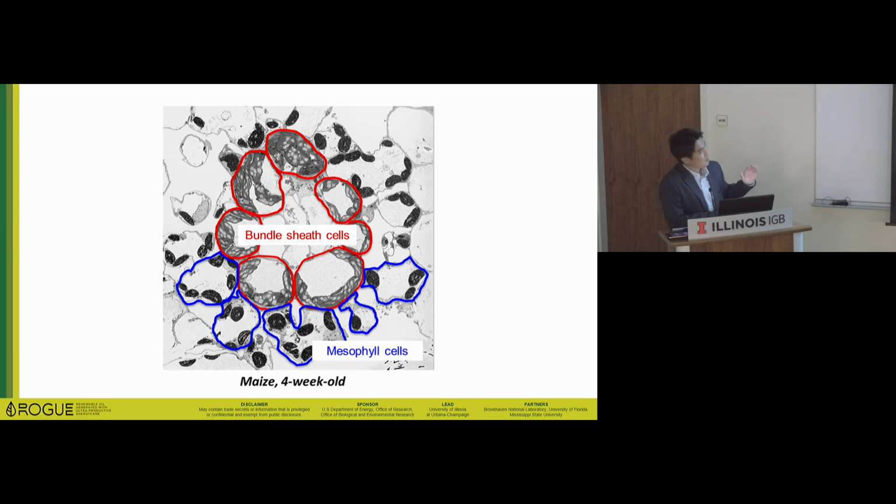So that's the reason the bundle sheath cell chloroplasts are distributed near the mesophyll cell, so they can better facilitate the exchange of their metabolites. That's one of the reasons why the bundle sheath chloroplasts are distributed toward the mesophyll cell area.